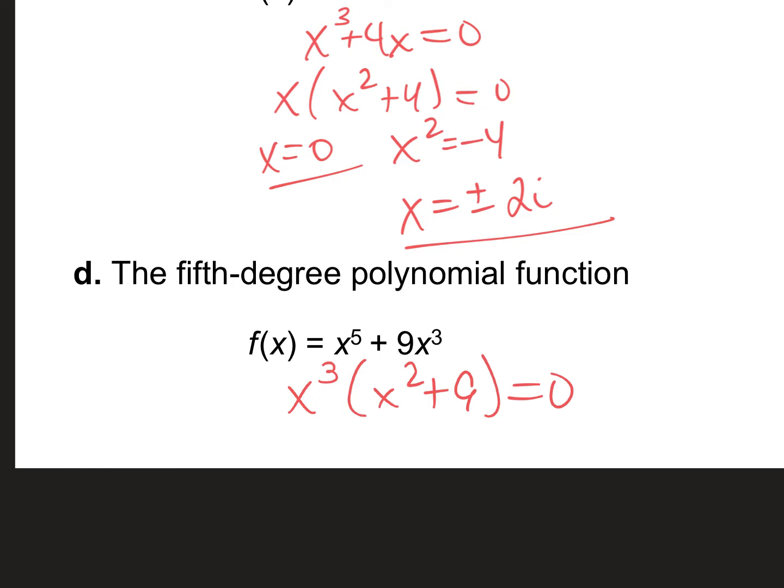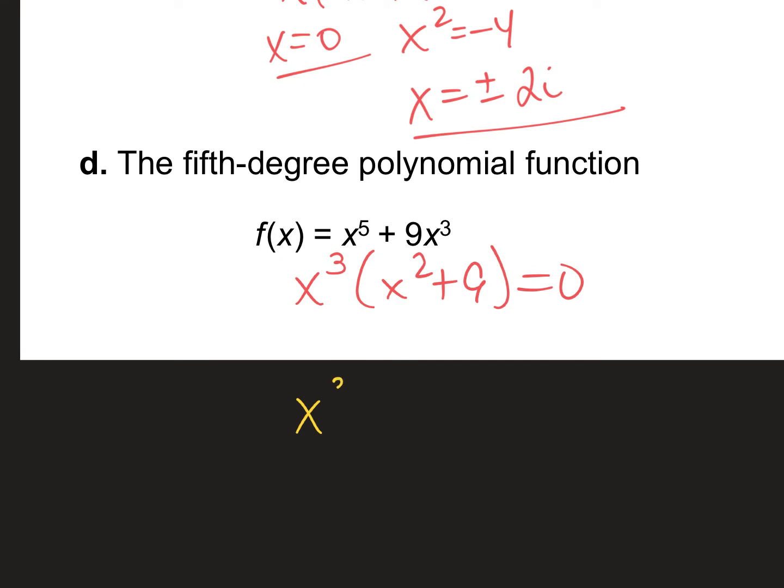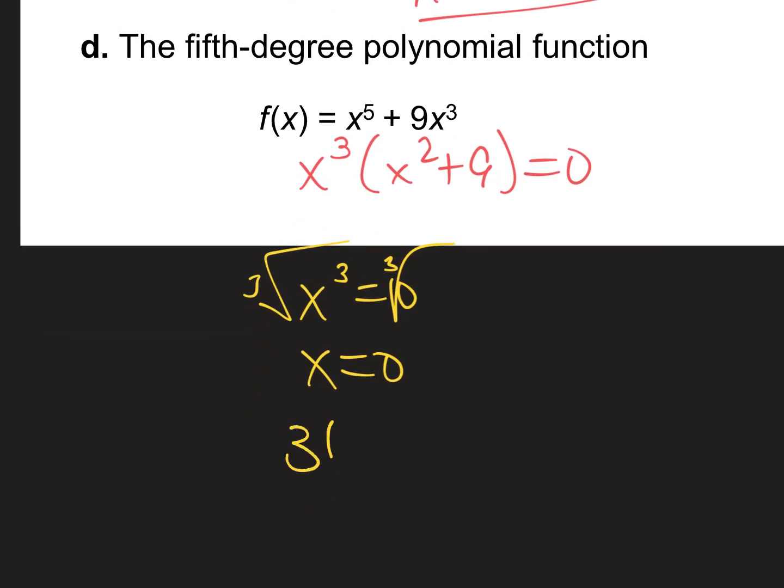When I solve this, guys, if you have x cubed equals 0, if you take the cube root, you get x equals 0. How many times? 3 times. Good. Are they real? Yes. What's going to happen with x squared plus 9? What is it? Plus or minus 3i.